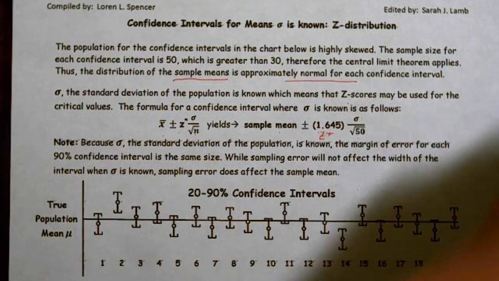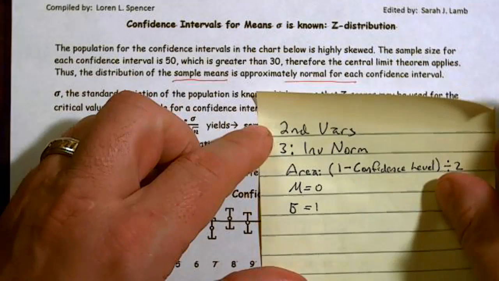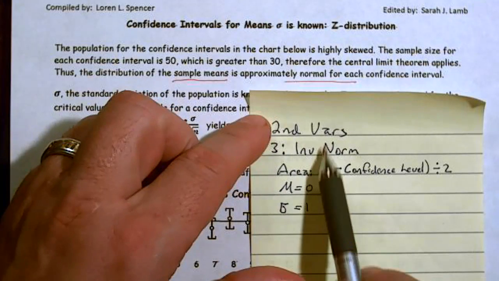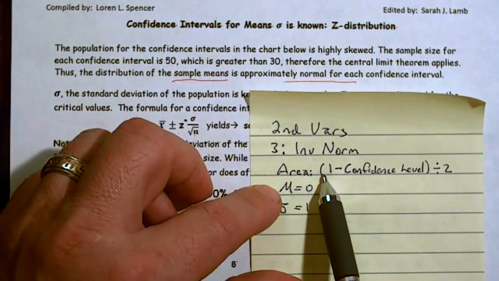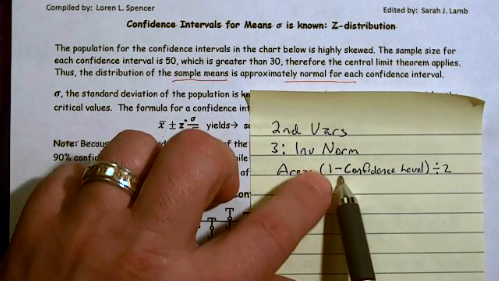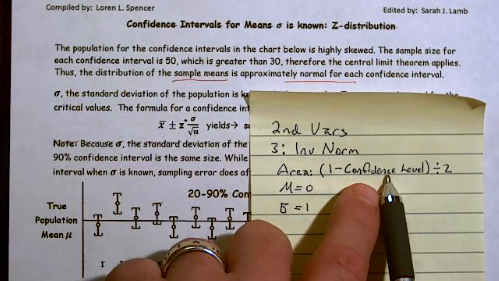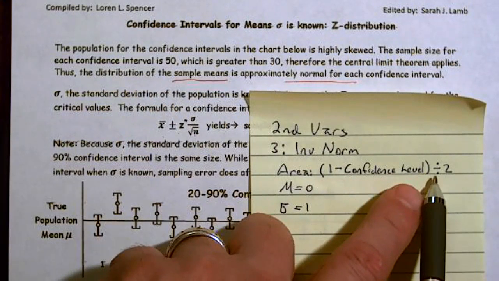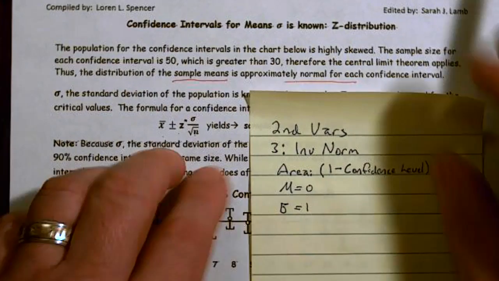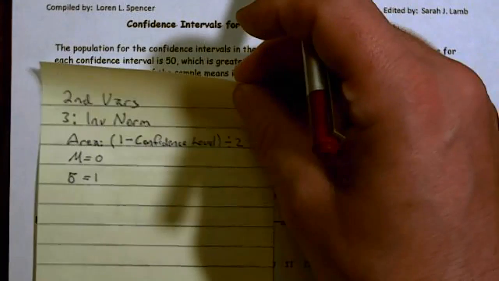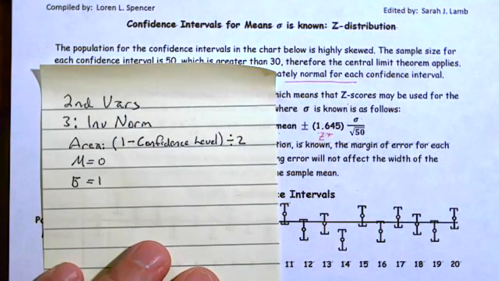So let me tell you how to do that. You're going to need to use your calculator. We're going to go to second vars, inverse norm. When it asks for area, it's going to be 1 minus our confidence level, or in this case, 1 minus 0.90, divided by 2, with a mean of 0 and a standard deviation of 1. So we'll go ahead and run that real quickly.